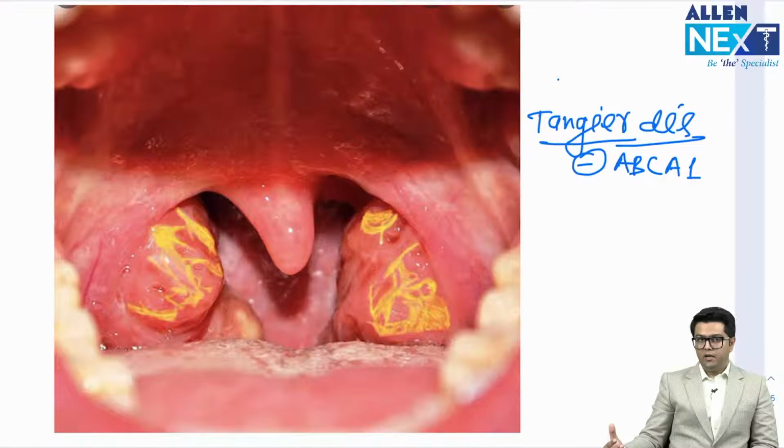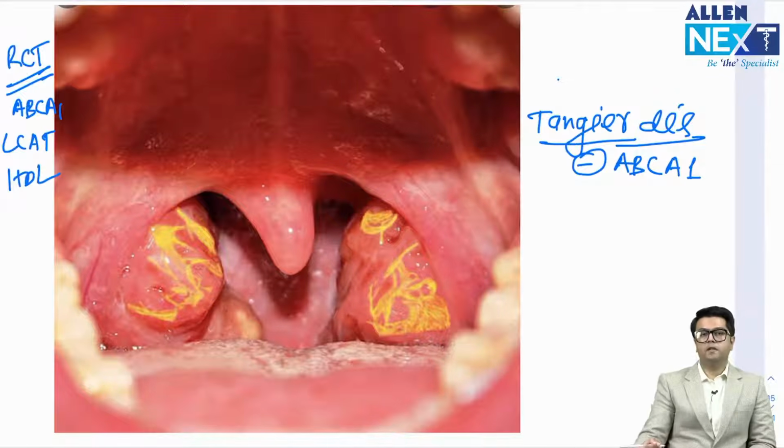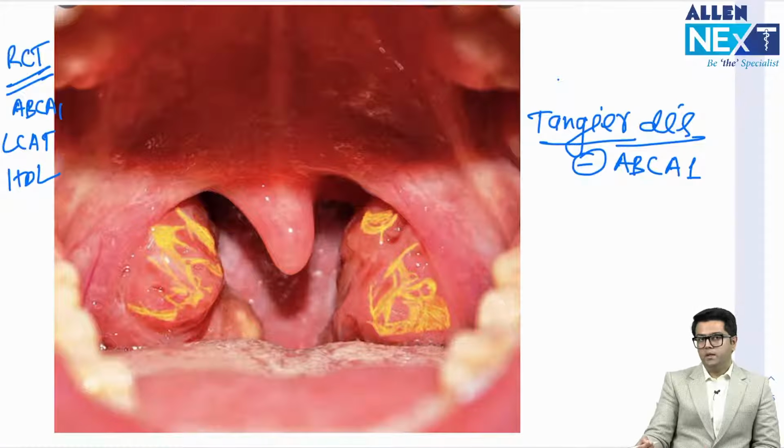The answer is ABCA1 and the LCAT enzyme, right? So these are the three required in reverse cholesterol transport: ABCA1, then we have LCAT, and definitely HDL.